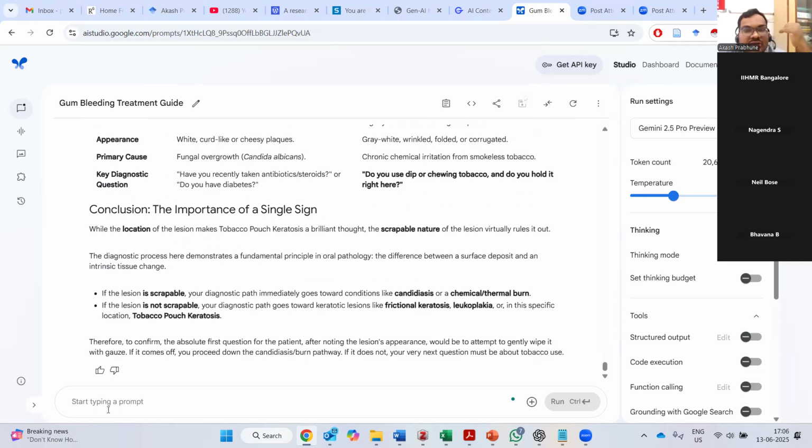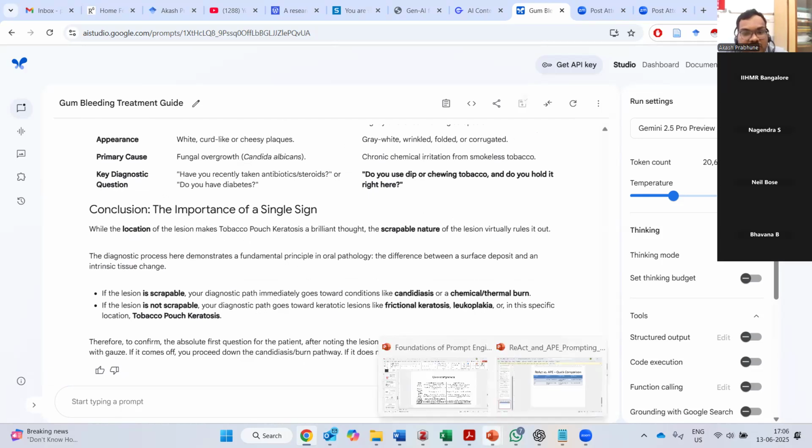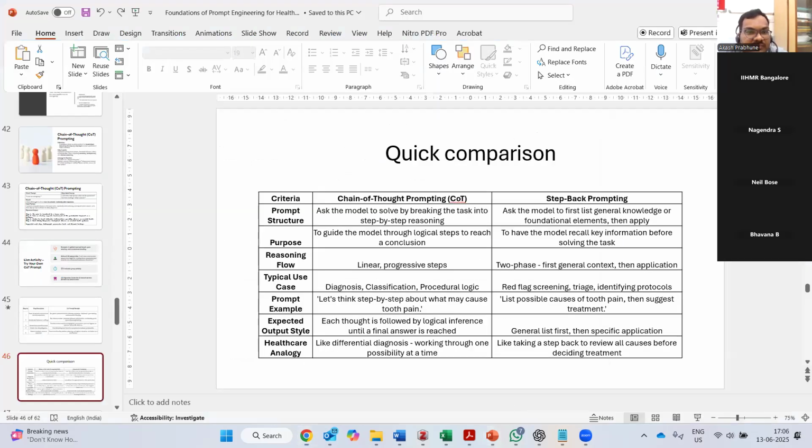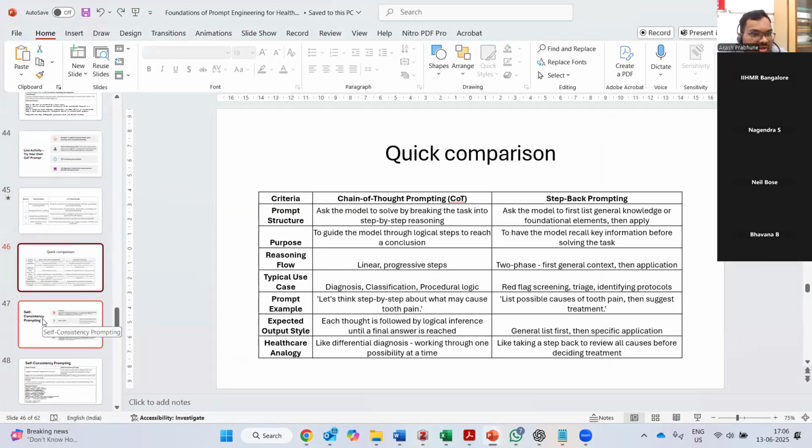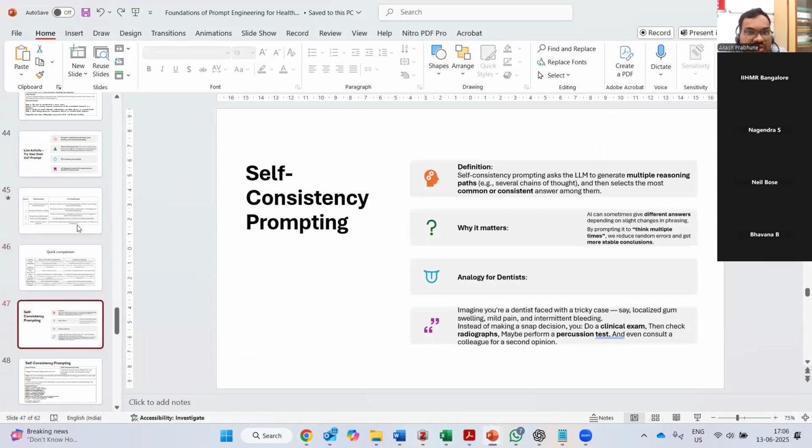So I think you guys got the idea how this chain of thought works. Let me go next. So this is the next one, what we call self-consistency prompting. It's like an advanced version of chain of thought, but instead of just one single chain of thought, it is a multiple reasoning kind of way.